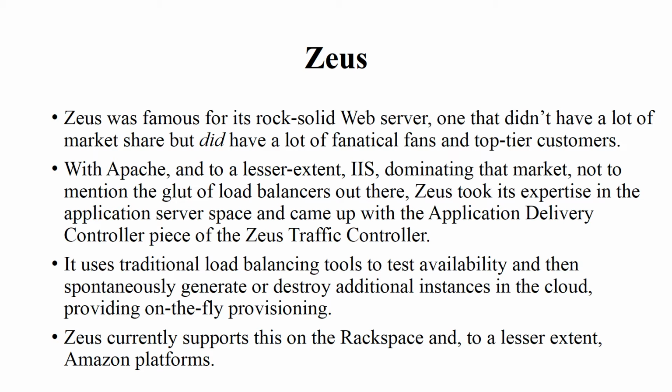Zeus currently supports this on the Rackspace and, to a lesser extent, Amazon platform. So that's the brief info about Zeus, which is used for its rock solid web server.